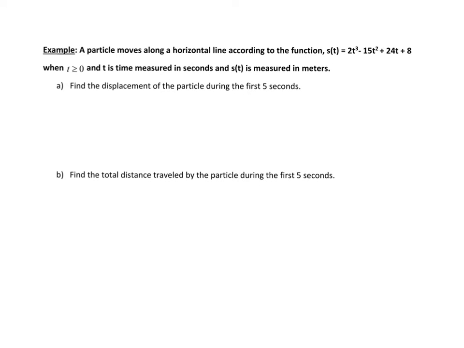So the first example says a particle moves along a horizontal line according to this function, where time is greater than 0. Time is measured in seconds and S of t is measured in meters. Find the displacement of the particle during the first 5 seconds. So all you have to do for displacement is, the formula is S of b minus S of a, where A and B are the endpoints of the interval.